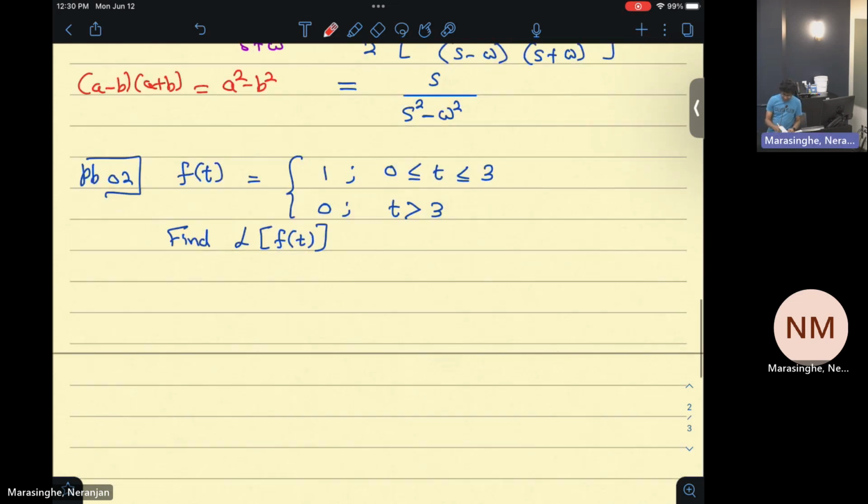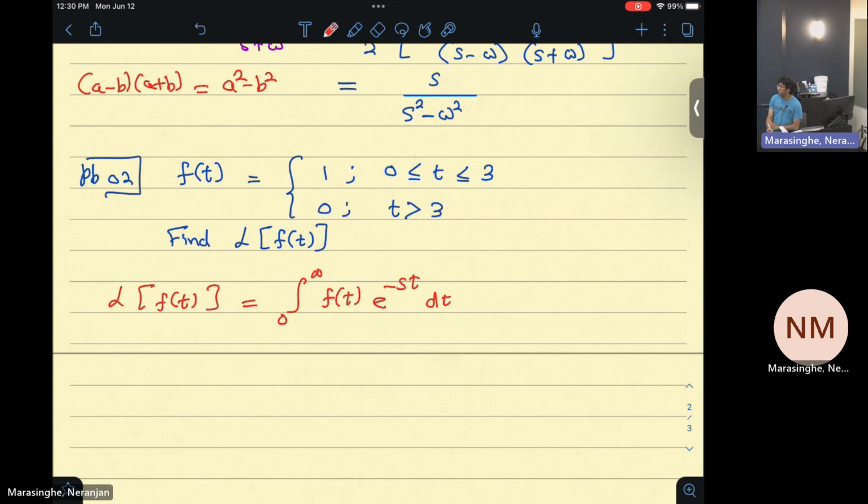So we know that Laplace transform of f of t is equal to integral from 0 to infinity of f of t e to the minus st dt.